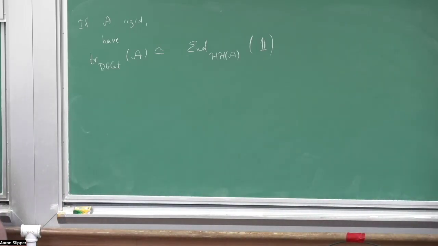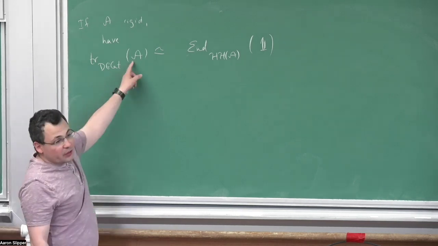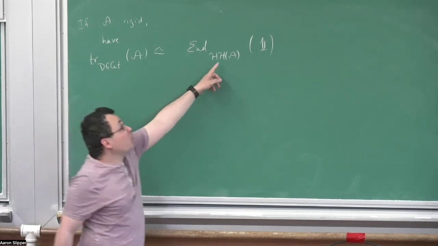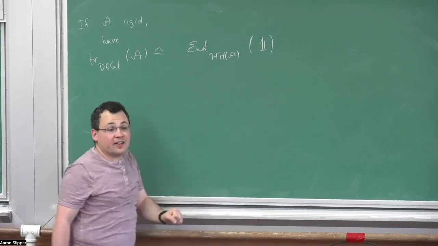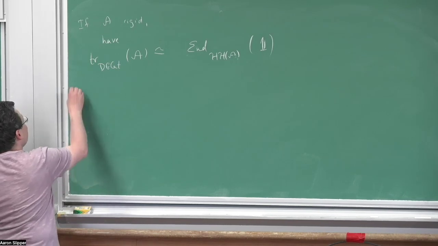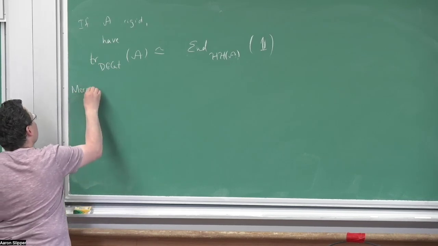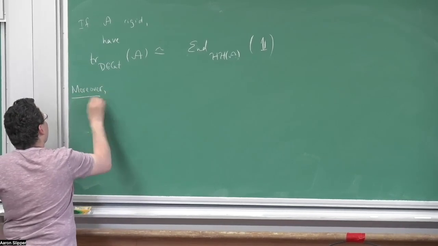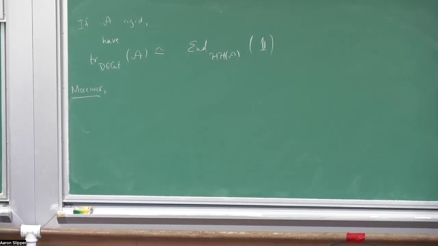Sorry, I'm not putting in the endomorphisms anymore, to ease notation. But if you have something acting on it, then it's the same thing. And moreover, here is the key construction.